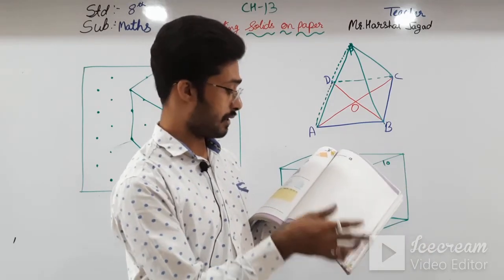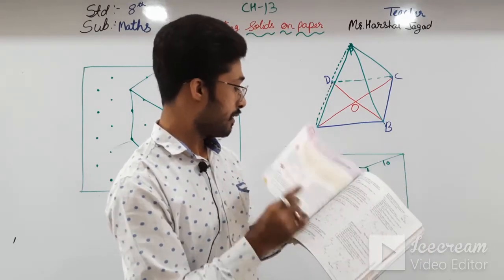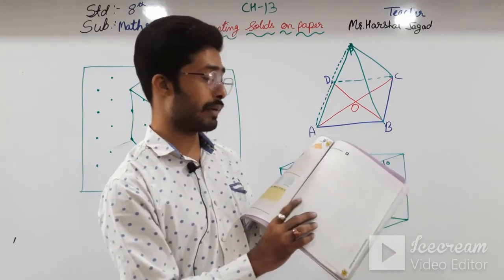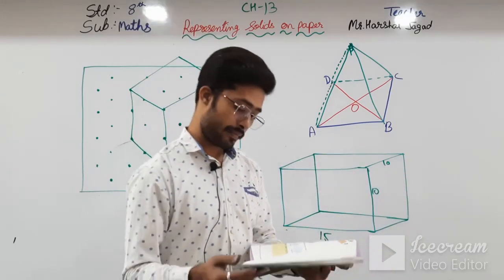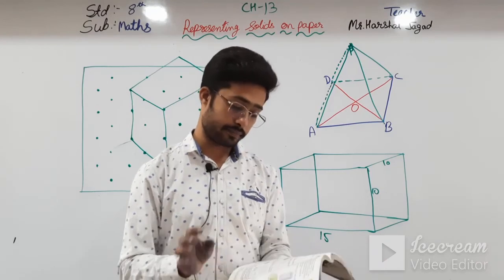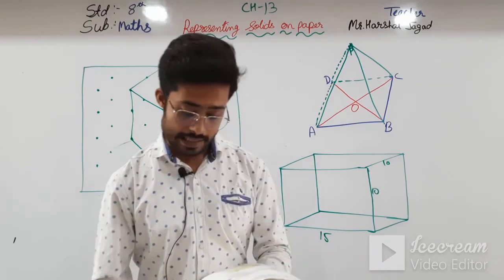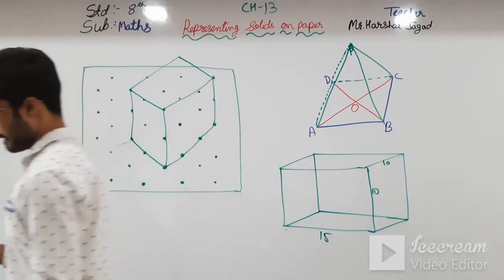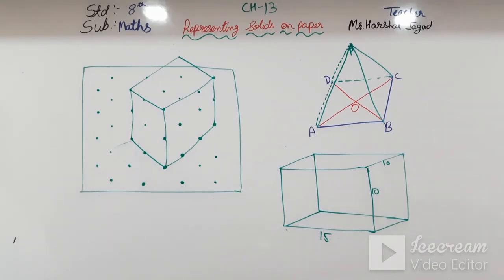Isometric dot paper is given. Now nested solids, what is it? Let us see that. Okay students, that we will see in the next video due to time limitation.